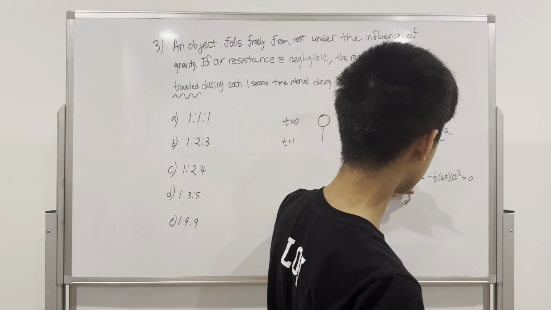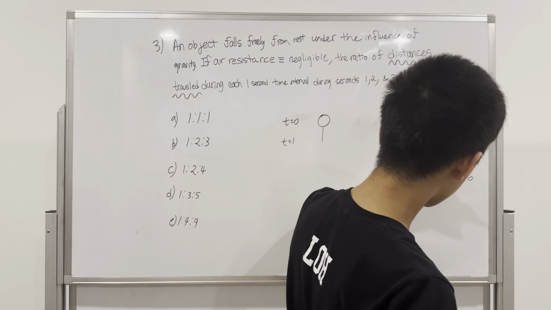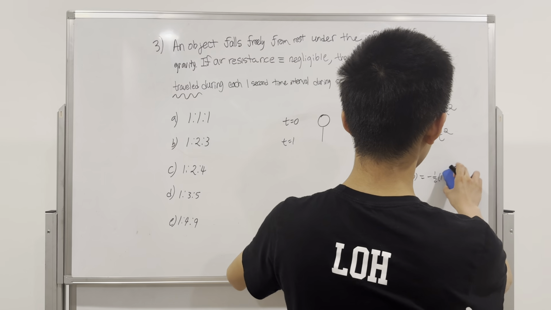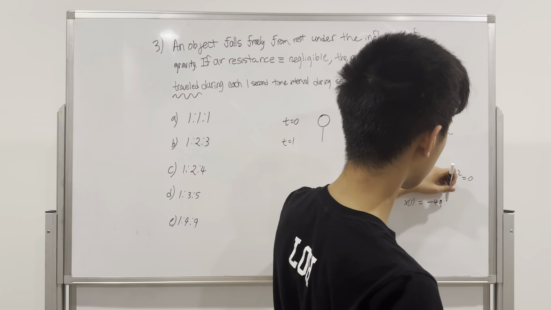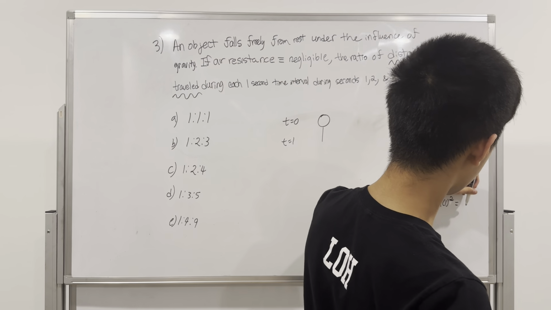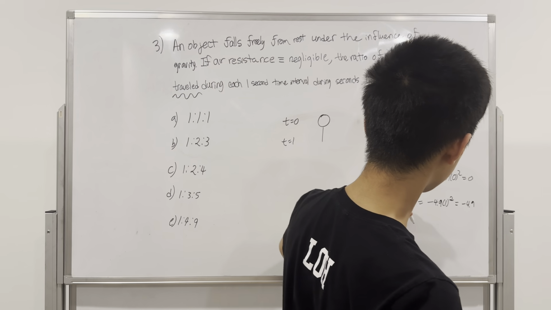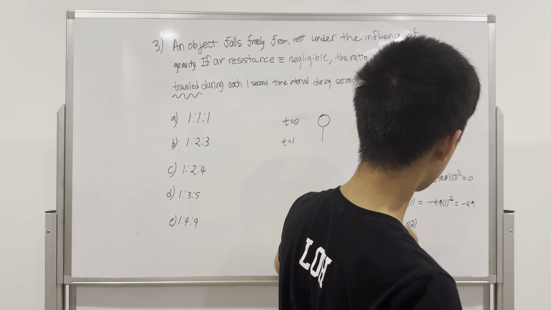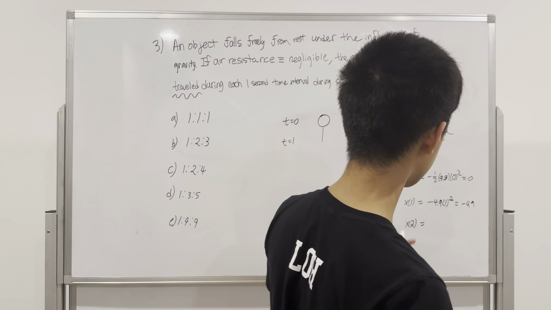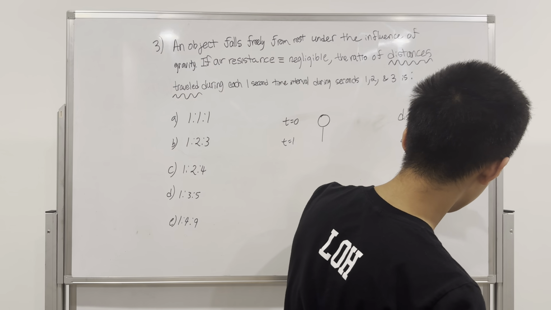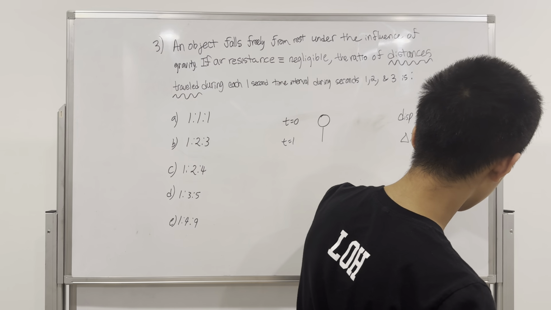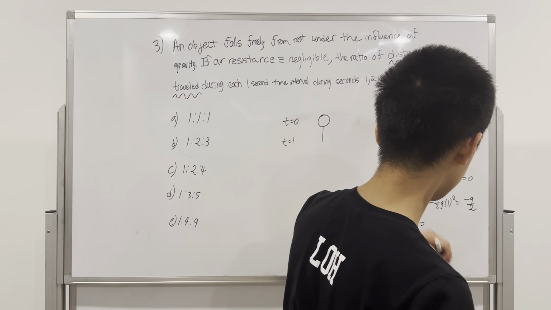0 displacement. x1 equals, sorry, this is 9.8, so I'm just going to simplify negative 4.9 times 1 squared. And you know what? I could just simplify this by saying negative 1/2 g times 1 squared equals negative g over 2.